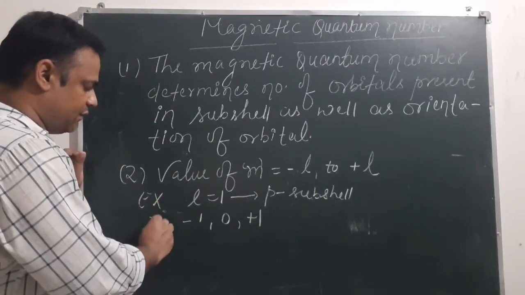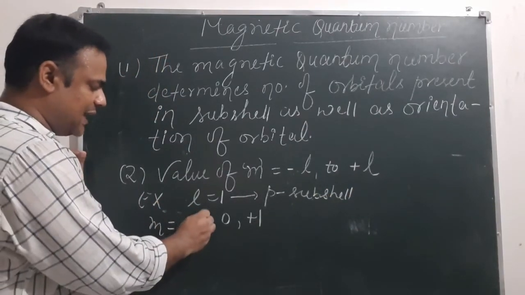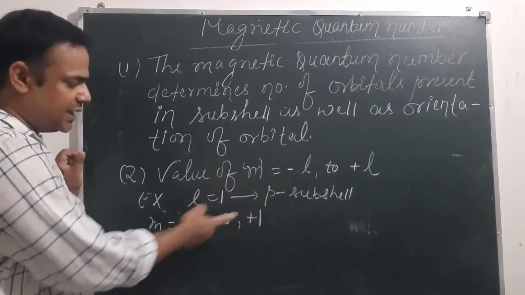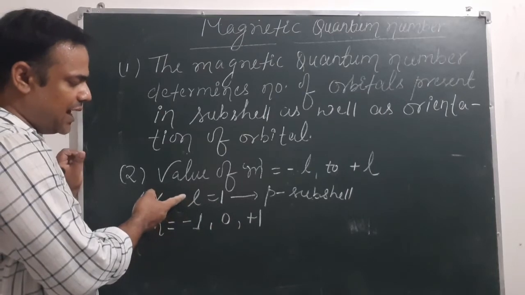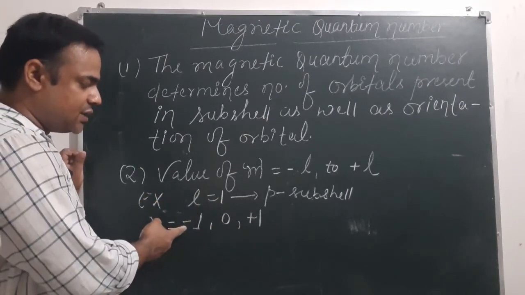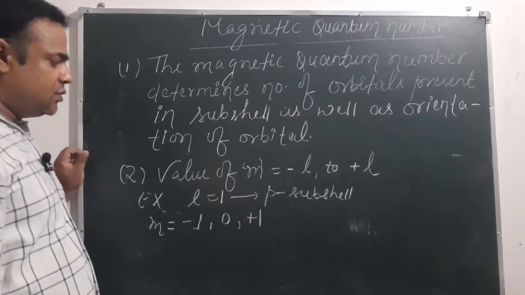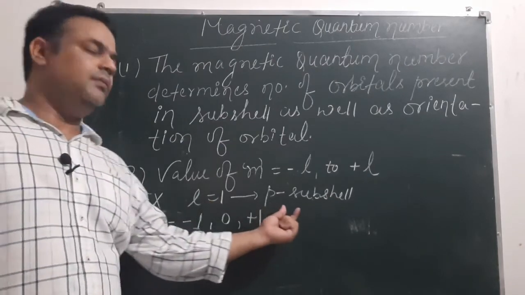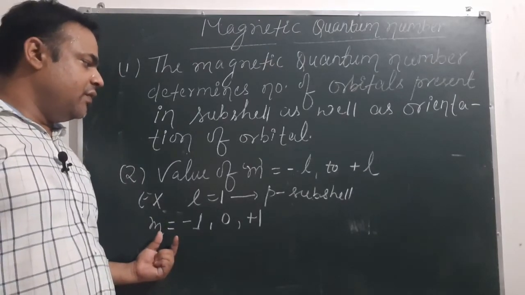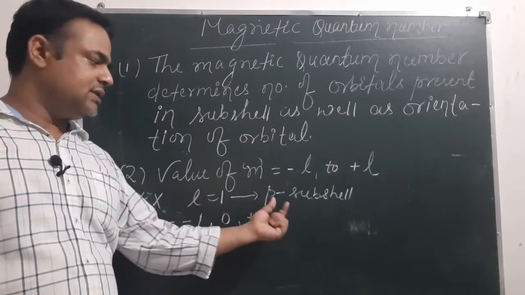From this magnetic quantum number value m, we can say that there are three values of magnetic quantum number for azimuthal quantum number L equals 1, and these values are minus 1, 0 and plus 1. So there are three orbitals in the p subcell. So with the help of magnetic quantum number, we can determine the number of orbitals in a subcell.